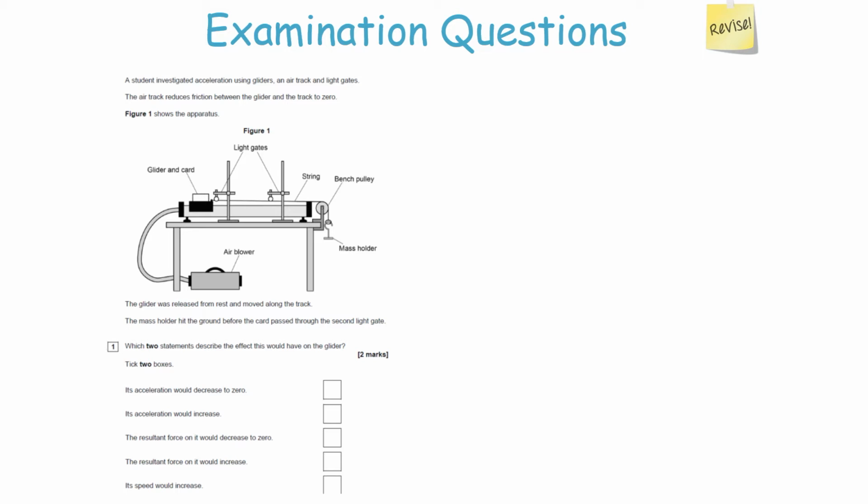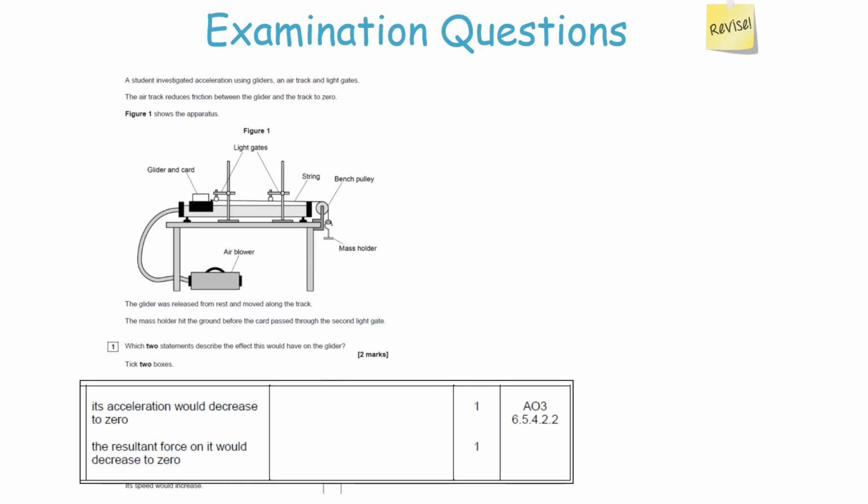So if you have a resultant force, in this case due to that mass, you will get an acceleration. If that mass holder hits the ground, there's no longer a force pulling the glider downwards, so that resultant force has decreased, so therefore the acceleration would decrease to zero, because that resultant force has decreased to zero. And there are your two options.